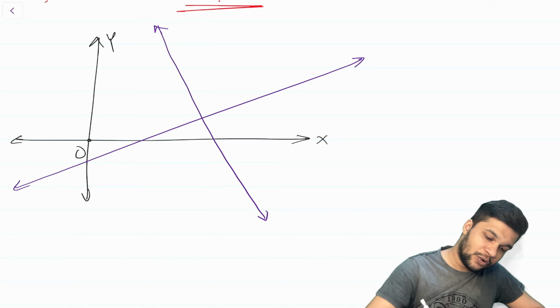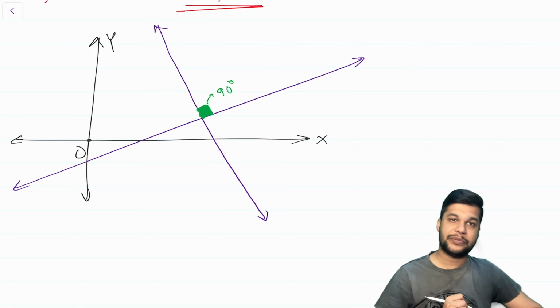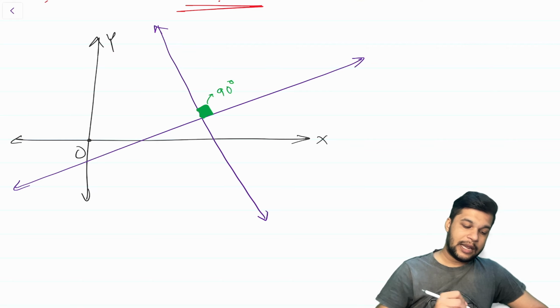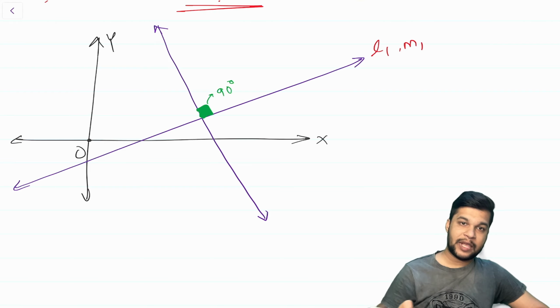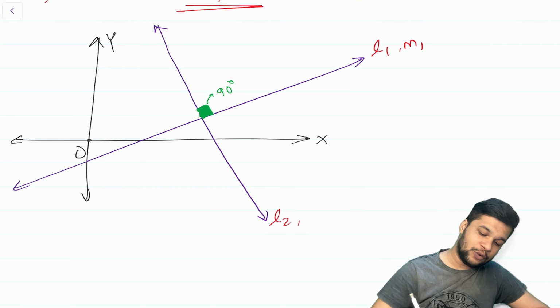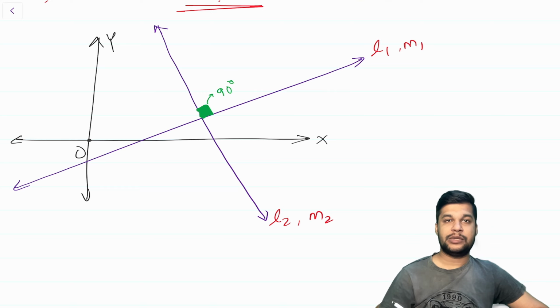So we know that the angle between these two lines is 90 degree. Okay. Now let's say this is your line L1 and the slope of this line is M1, and let's say this is your line L2 and the slope of this line is M2.